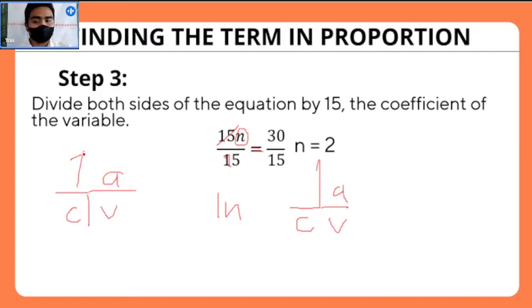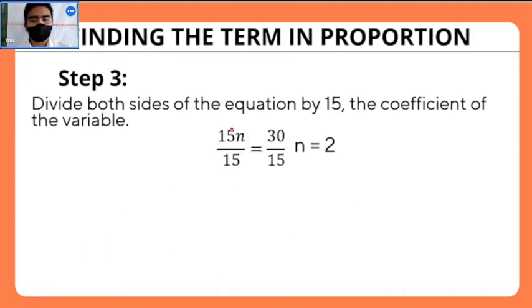When we cancel both 15, they are equivalent to 1, so it will become 1n. So we could just simply write it as n.